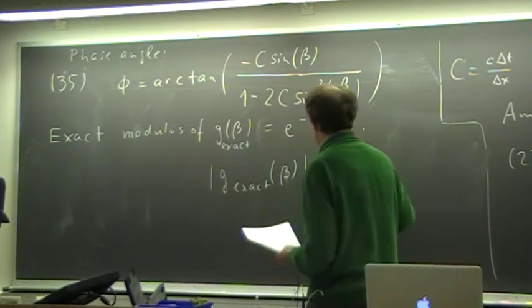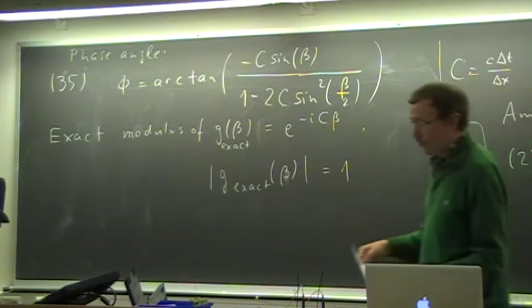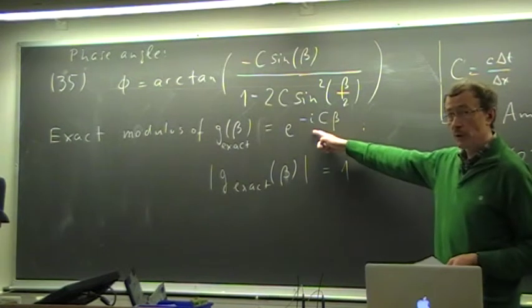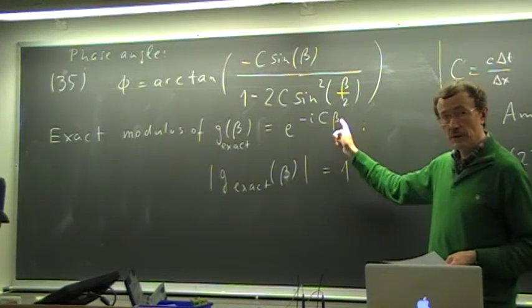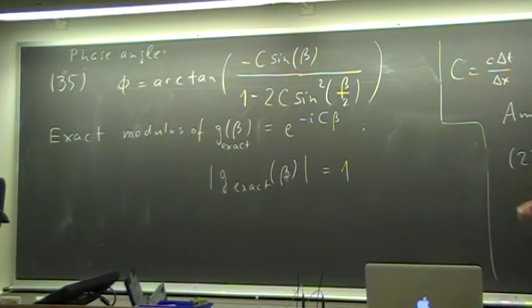So we have no change in the amplitude, and that is what we just said before. If you doubt that, just use Euler's formula: cosine of the argument minus I sine of the argument. Take the absolute value, then you get cosine squared of c beta plus sine squared of c beta.